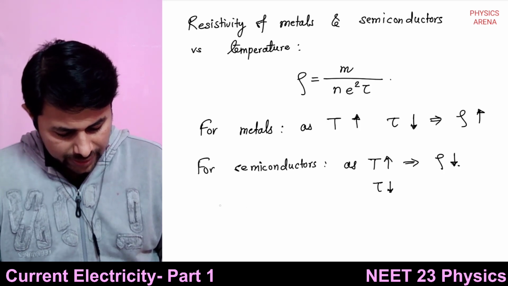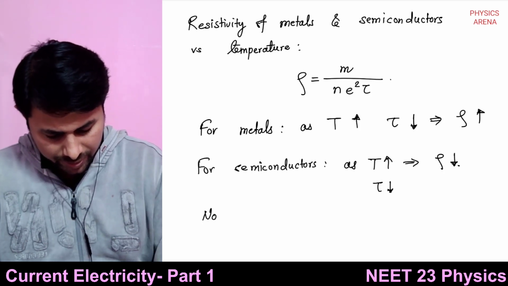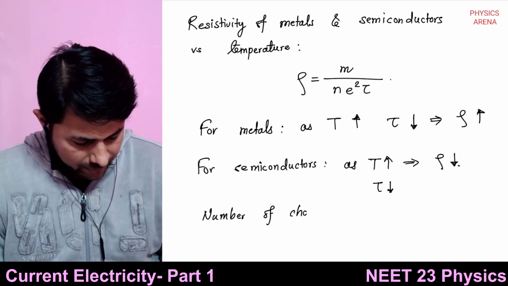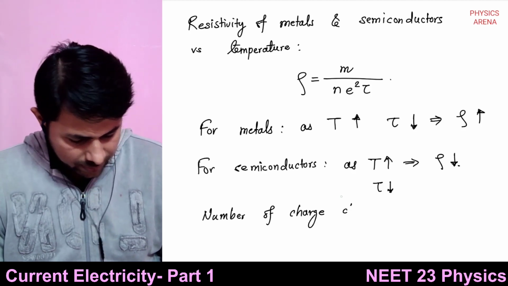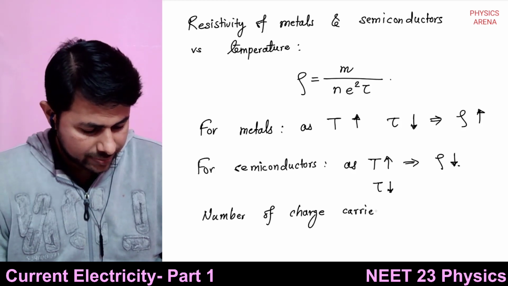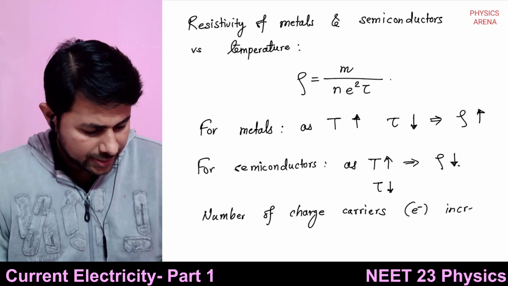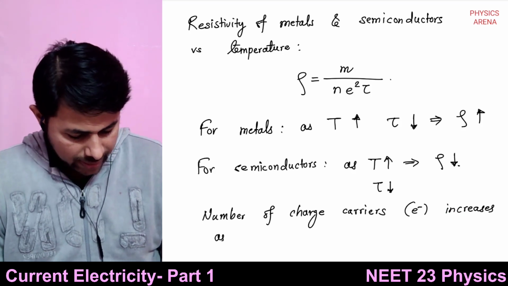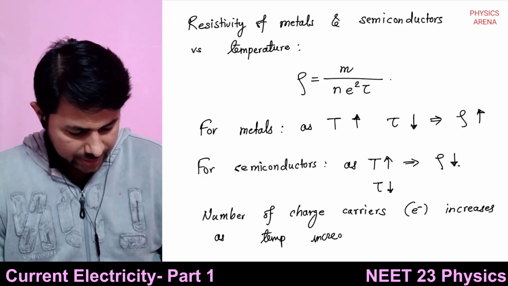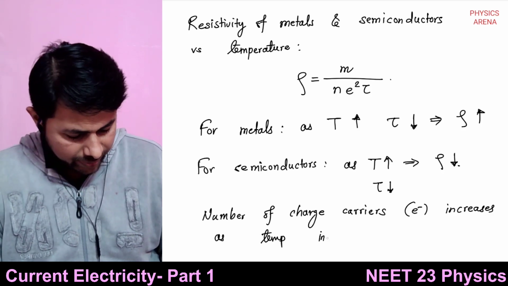So for semiconductors, the number of charge carriers, meaning holes and electrons, increases as temperature increases, because more electrons will become free.